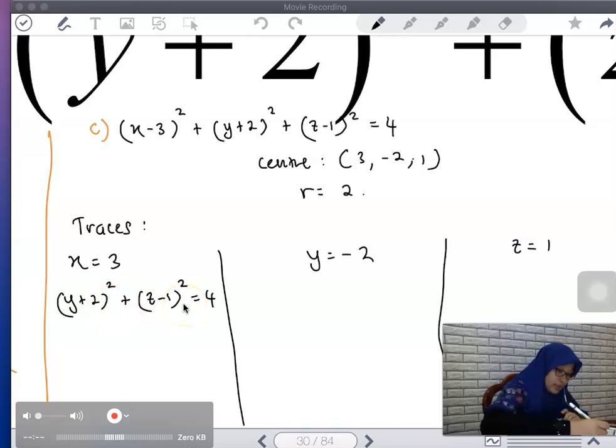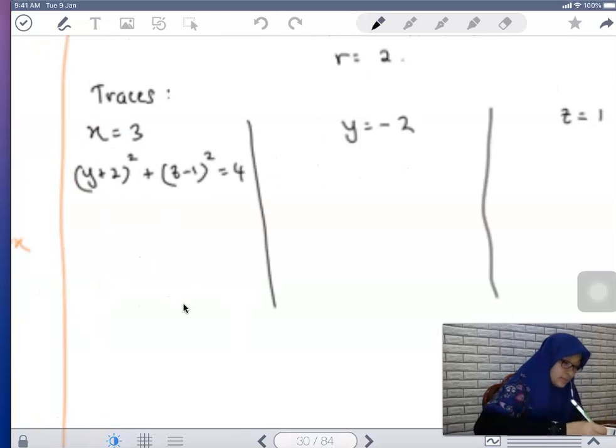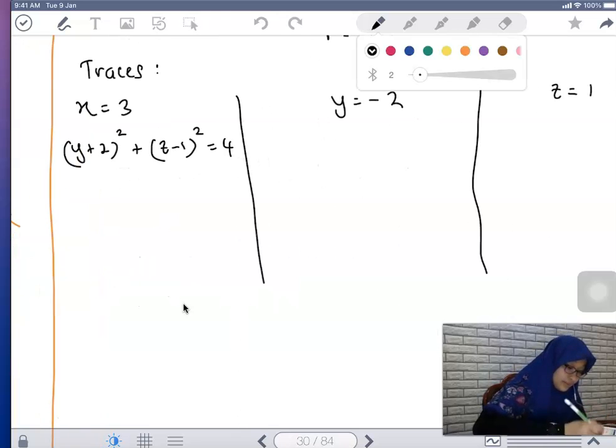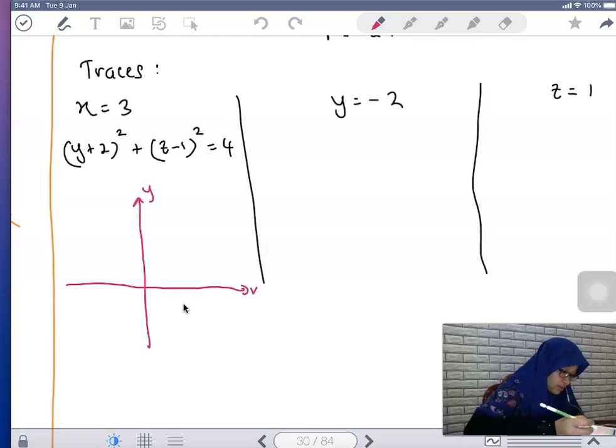Okay, now you draw it. It shifted somewhere else, and this is the wrong axis. So z and then y.